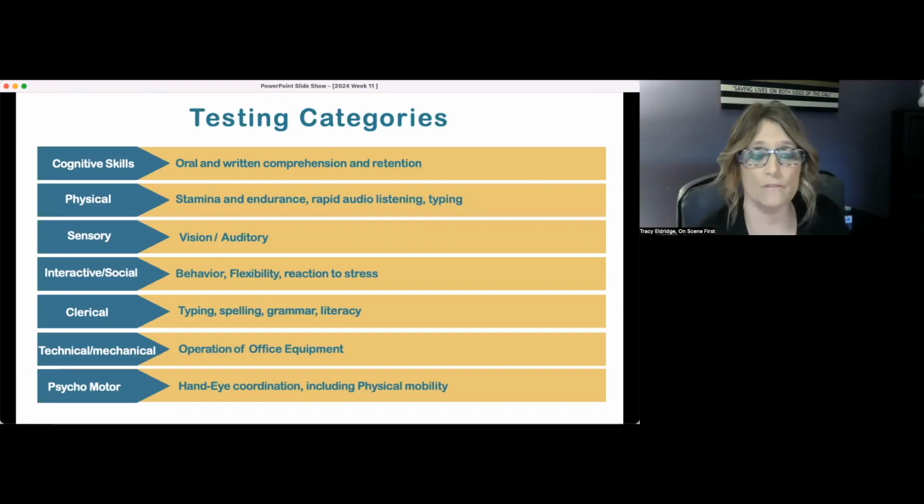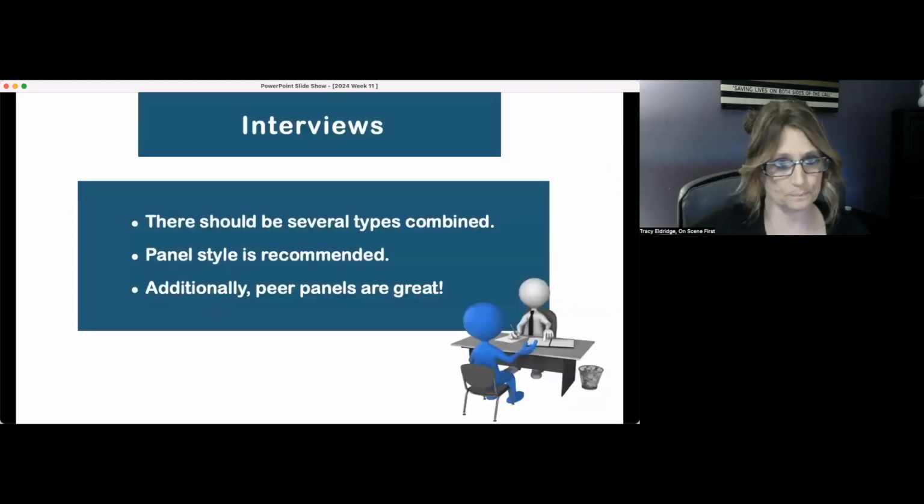Sensory, vision and auditory, interactive and social behavior, flexibility, reaction to stress. Clerical, your typing skills, spelling, grammar, literacy. Technical and mechanical, how you operate, or are you capable of operating office equipment? And then psychomotor, hand-eye coordination, including physical mobility.